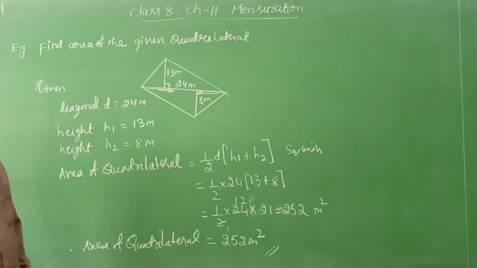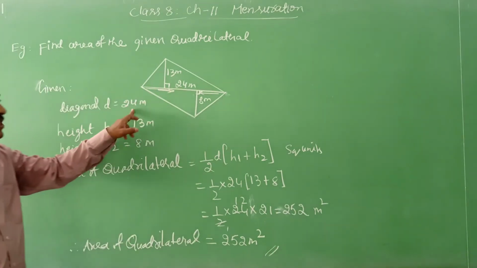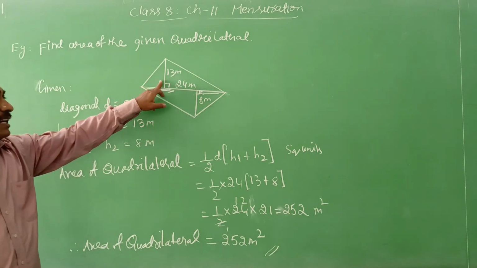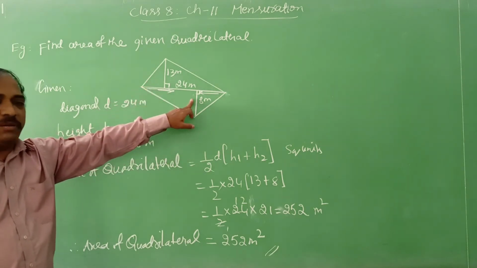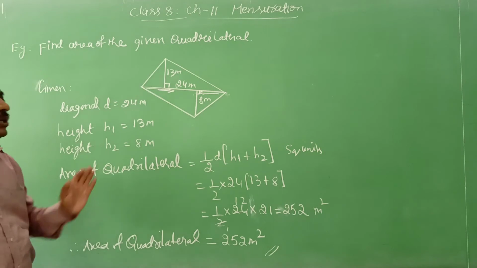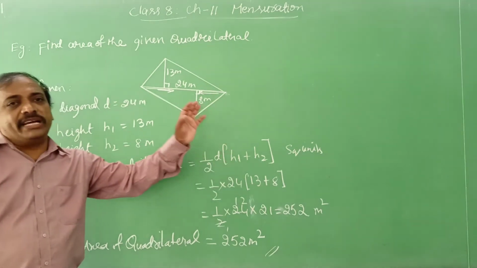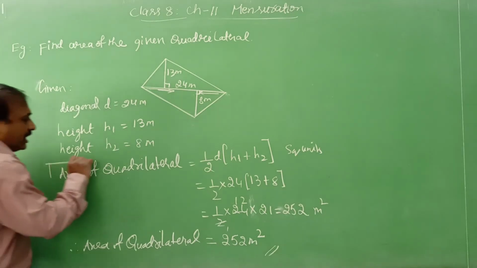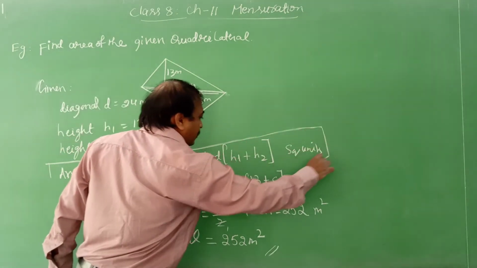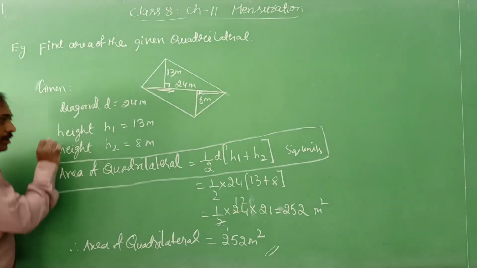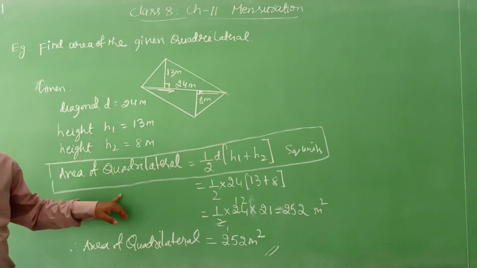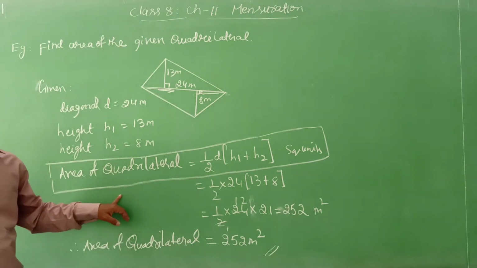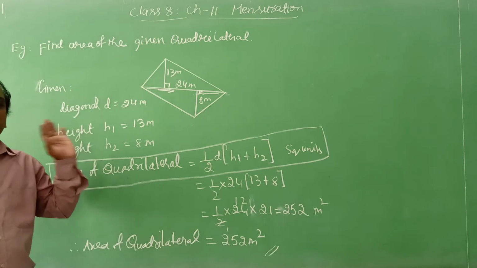The diagonal length is given as 24, altitude 1 is 13, altitude 2 is 8 meters, so we substitute into half d into h1 plus h2, the area of the quadrilateral formula. Is it clear? I hope you understood how to evaluate when a question comes, by using the formula.